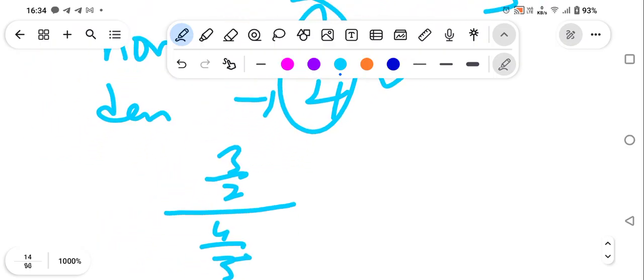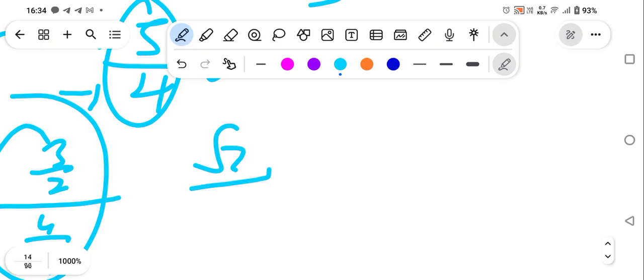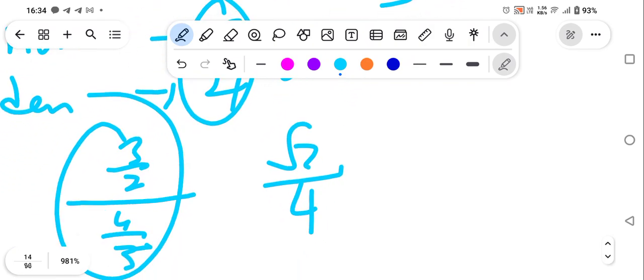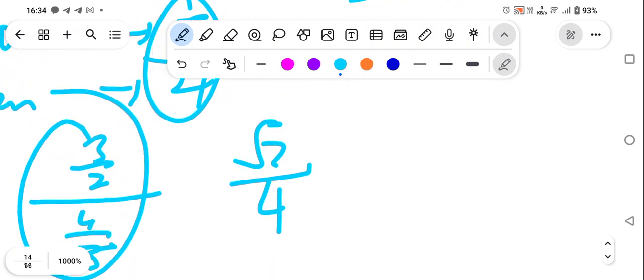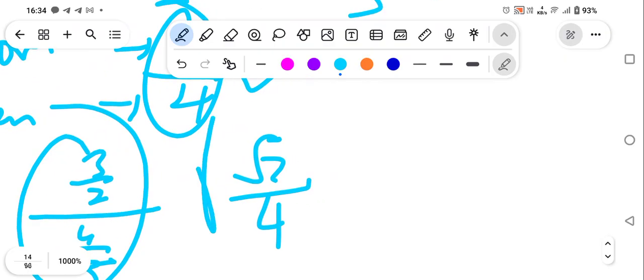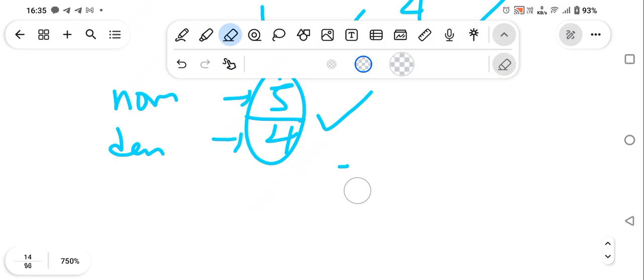Well, technically this is also a fraction, but not like this. Even though this is in fraction form, I'm not sure, but maybe you can call this a fraction. Yeah. So now you know what a fraction is.